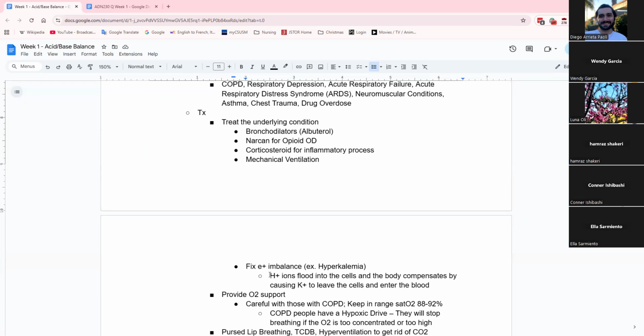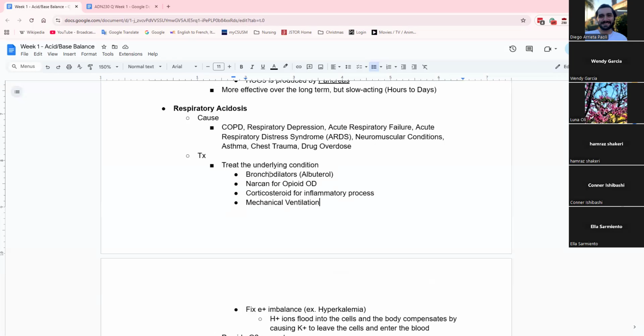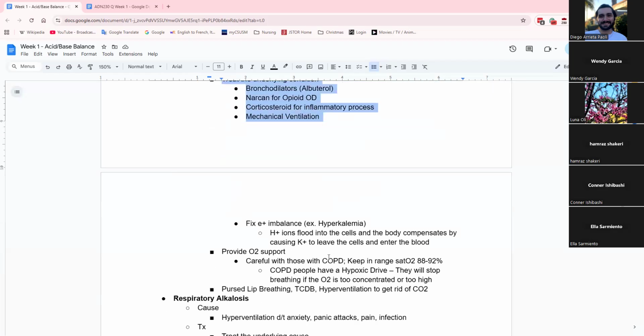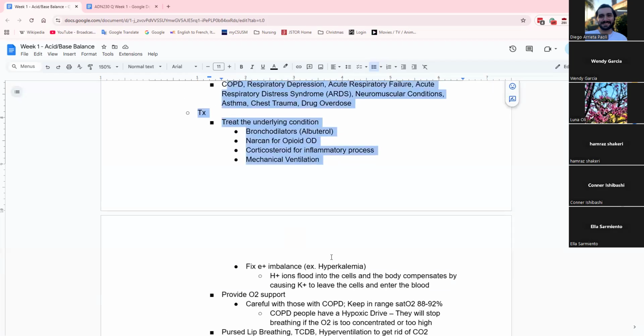I will make an adjustment so that we can make this a little bit more interactive. I will cover up some of the stuff that's written down so that some of you can spring it out from your own brains. But you got the idea of what we're discussing here. So then we can do that with respiratory alkalosis. Give me 1 second.